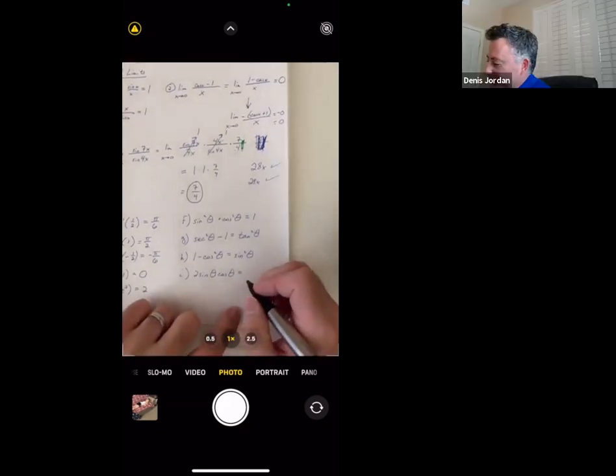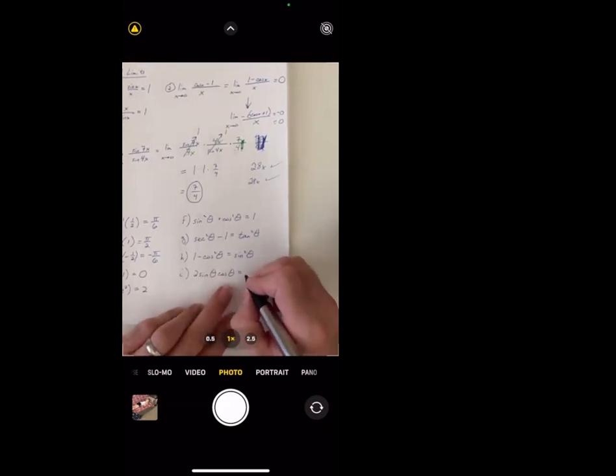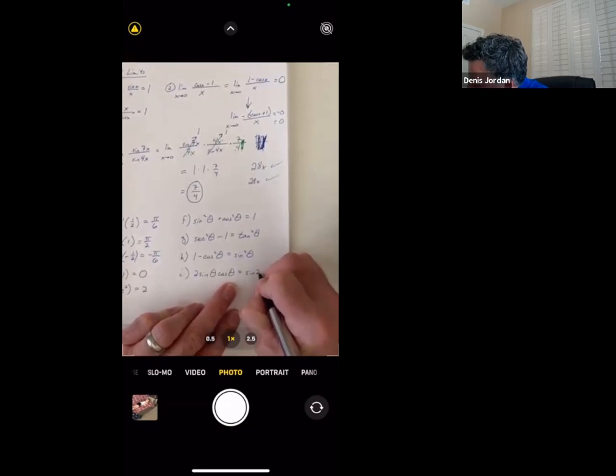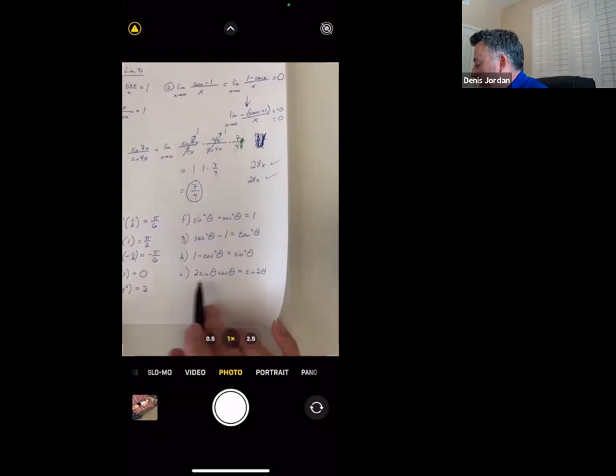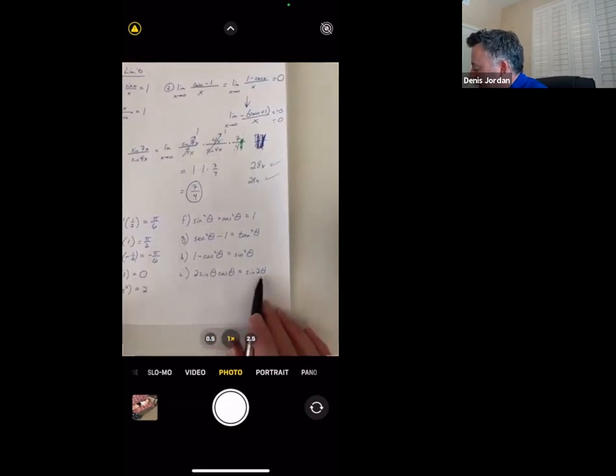That is sine of 2 theta. And you can go the other direction too. So if you had sine of 2 theta, you can rewrite it as 2 sine theta cosine theta.